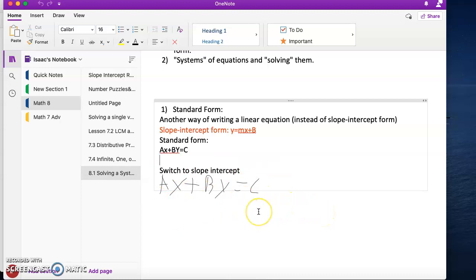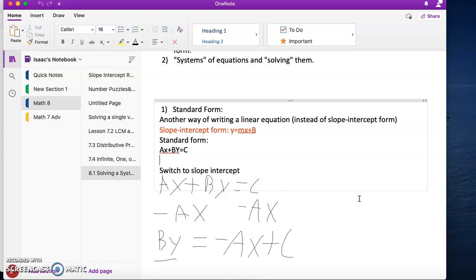So remember, in slope-intercept form, I want one of my two variables by itself, right? I want y by itself. So the first thing I do is I subtract ax from both sides. So then I have by equals negative ax plus c.